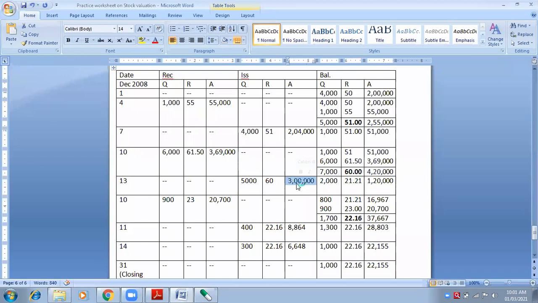Out of that 3 lakh was issued, so we are left with 1,20,000. What is 1,20,000 divided by 2,000? 60. It should be 60, otherwise you are not correct.